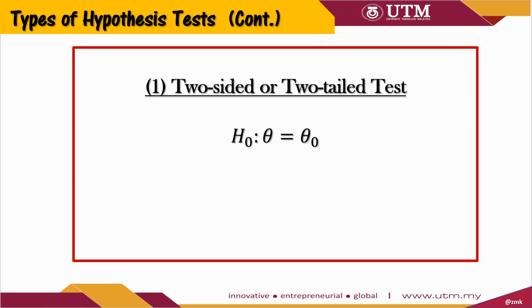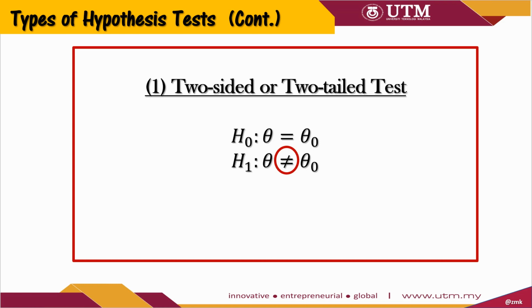The next line is H1 followed by a colon and followed by an expression theta is not equal to theta naught to show that we are testing a difference in the theta value.